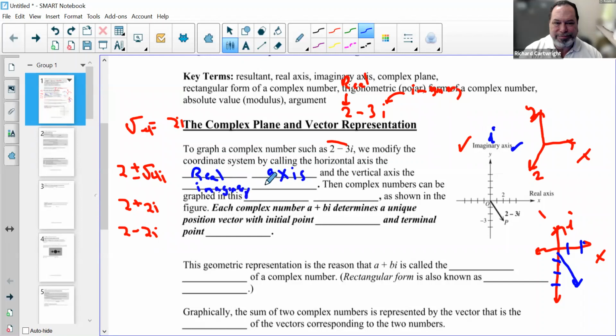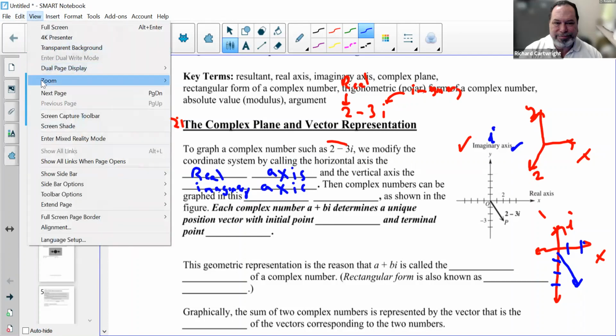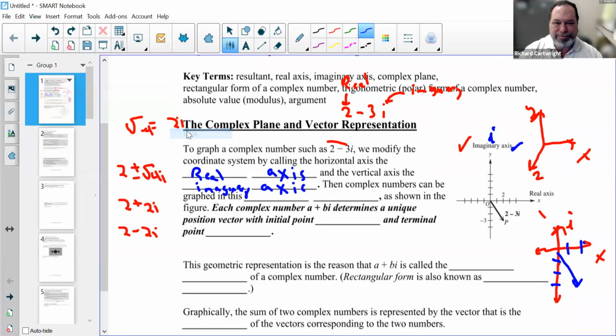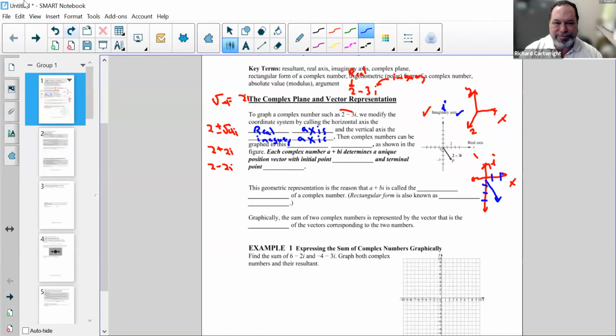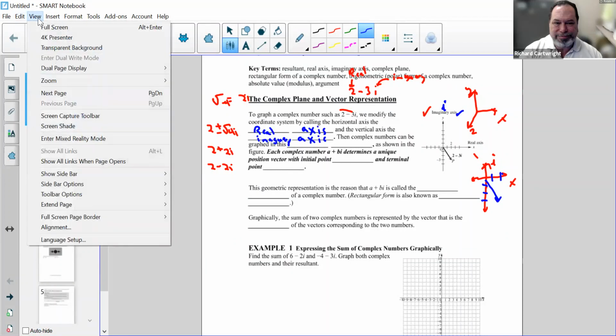Imaginary axis. I don't know if I can write better on this. Maybe I can zoom in, make it bigger. If I had more room in there, I'd feel comfortable. Let me see if I can. There is a view button. There is a zoom. I don't know how much it'll go up if I say 120. That's even smaller. View, zoom.